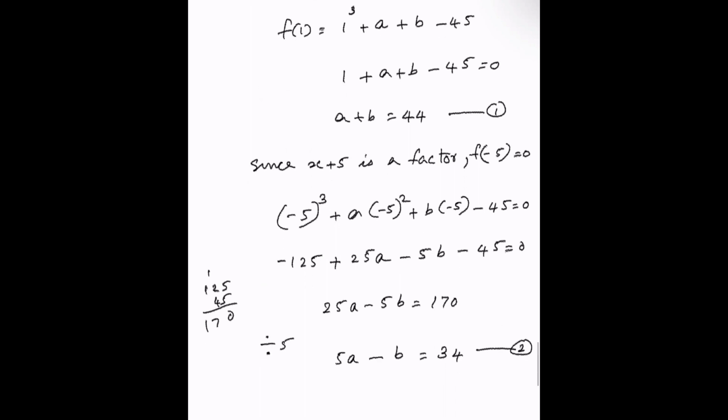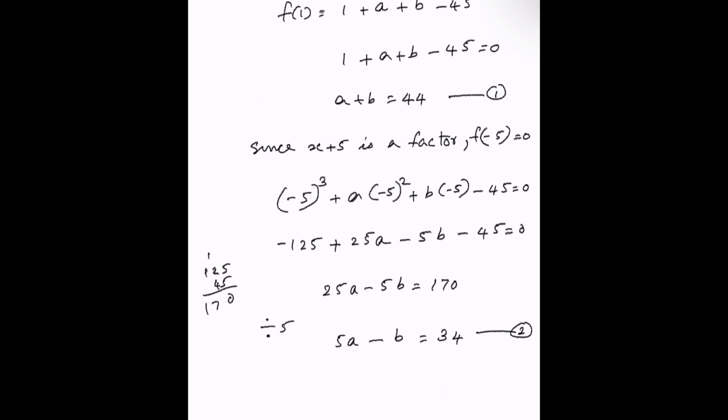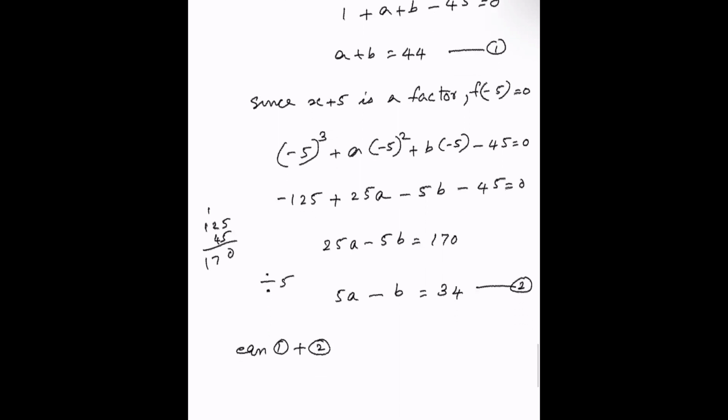So I have got two simultaneous equations. Use elimination method or substitution method to solve it. We can just add, right? Elimination method should be good. So equation 1 plus 2: a plus b equal to 44 and 5a minus b equal to 34.